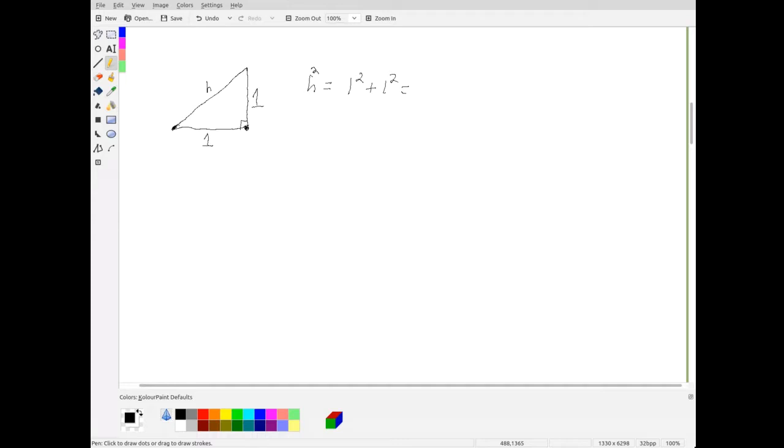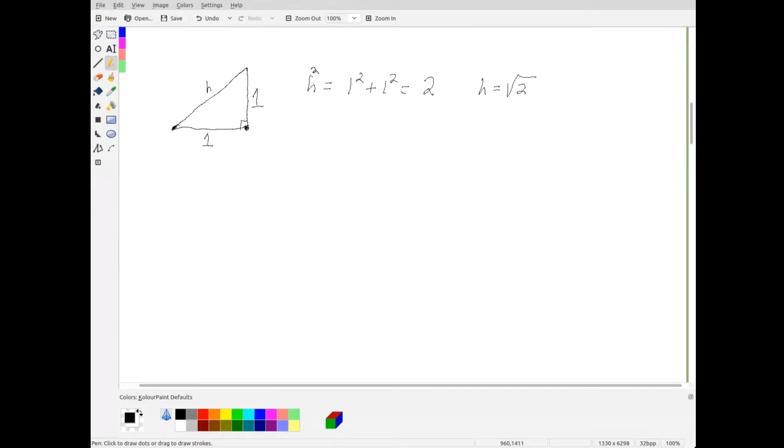That's Pythagoras theorem. So the hypotenuse squared would then be equal to 2, or the hypotenuse would be equal to the square root of 2. And that's just Pythagoras theorem for a right triangle.